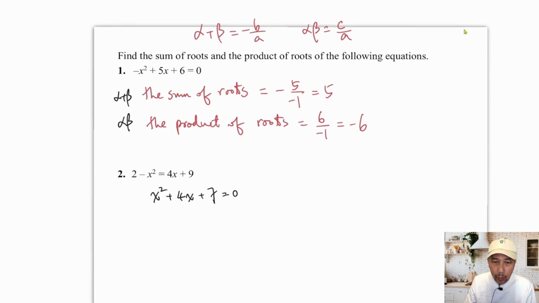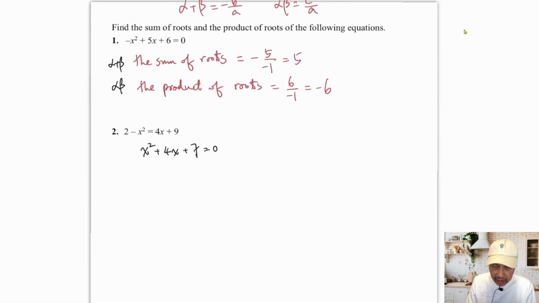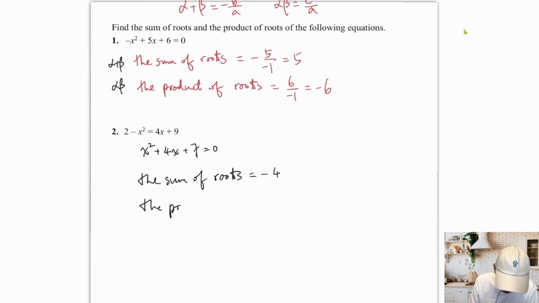Okay, so we have a is equal to 1, b is 4, and c is 7. So the sum of roots is negative 4 over 1, and then the product of roots is 7 over 1. So it is 7.